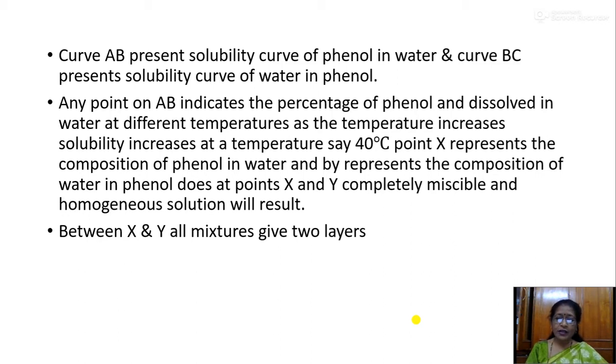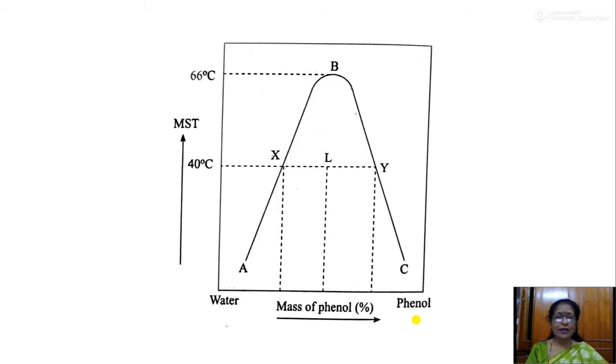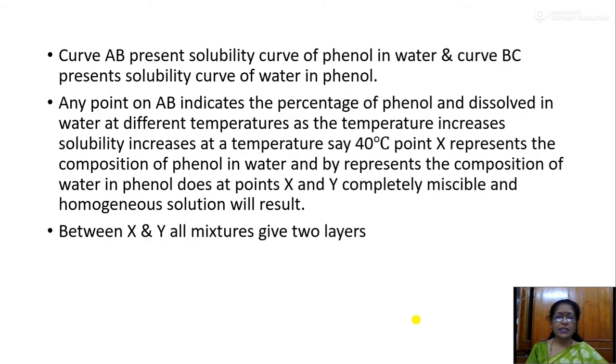At a temperature, say for example 40 degrees centigrade, point X is a point on AB. It is mixing at 40 degrees centigrade. X represents the composition of phenol in water, and Y represents the composition of water in phenol.